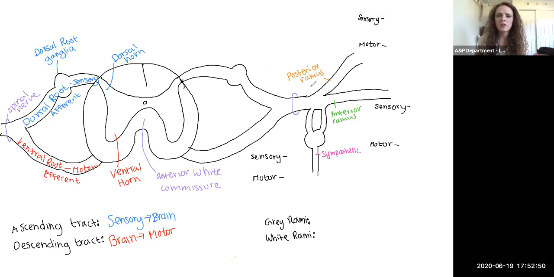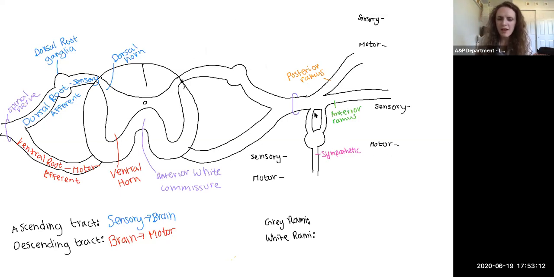Okay, so your spinal nerve, this purple area, is going to branch into your posterior ramus, anterior ramus, and sympathetic nerve. Your sympathetic nerve, I'm jumping a little bit, that's okay. Just know this. I don't know where in your book it says this, but you need to know this.